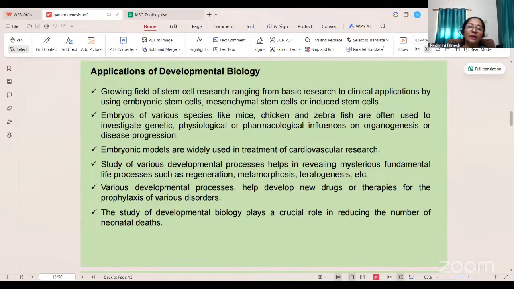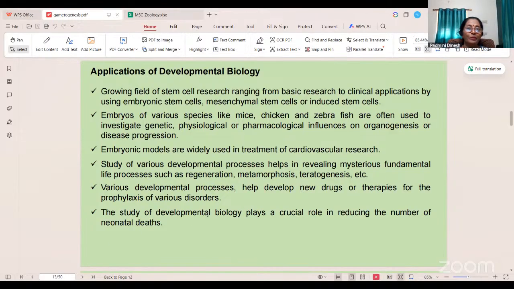But why not other parts of our body? Why can't they regenerate? So research is going on into regeneration, how metamorphosis occurs, and teratogenesis. So various developmental processes help to develop new drugs and therapies for the prophylaxis of various disorders, that is, lessening the pain of the various disorders.